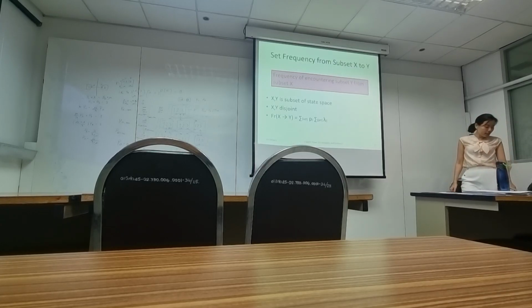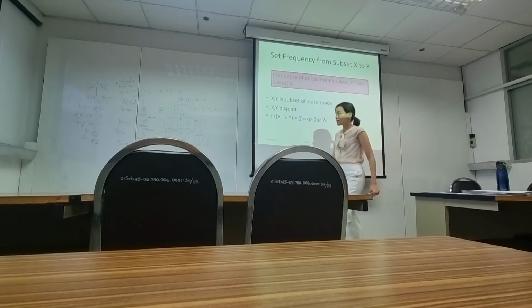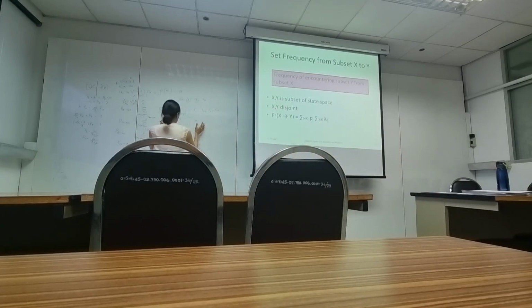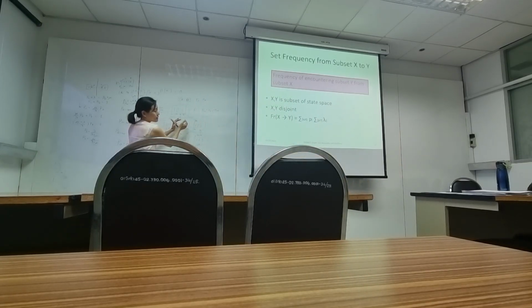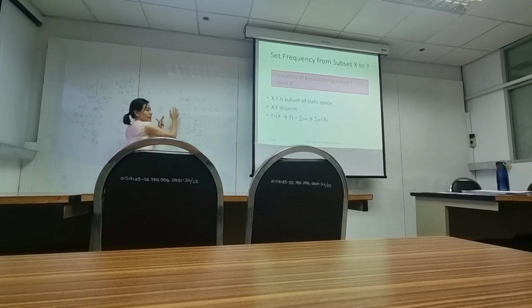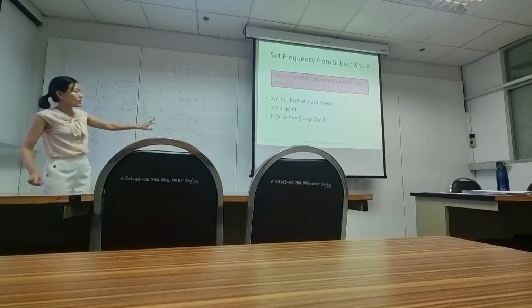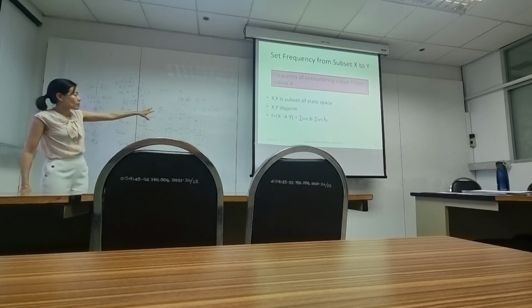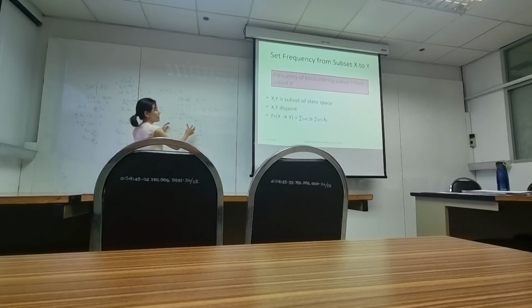So the frequency can also be applied to a set of states. So we can combine the states as a subset. If these are the state space, each of these are a subset of the state space, and they are disjoint. So we can find the frequency from a subset.